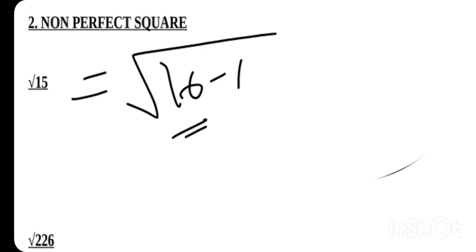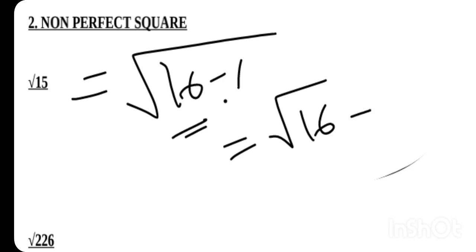Okay. Now we will write the formula, which is root x plus minus y over 2 root x. Here the sign is minus, so we'll take minus y, where x is the square number and y is the non-square number.